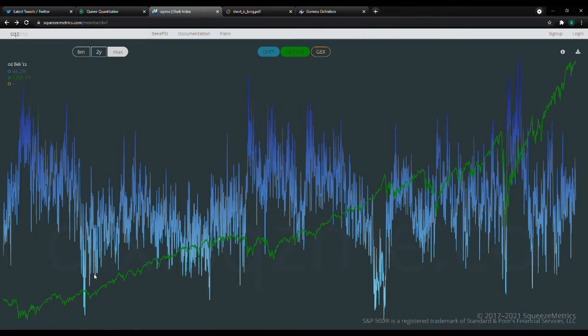So, I've already shown you the basics, how when this is high, you buy. When this is low, you sell. We were very high for a sustained period, the highest levels we've ever seen right here, and for the longest sustained period of time right here.